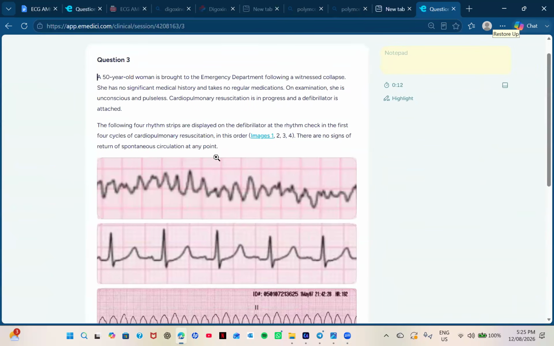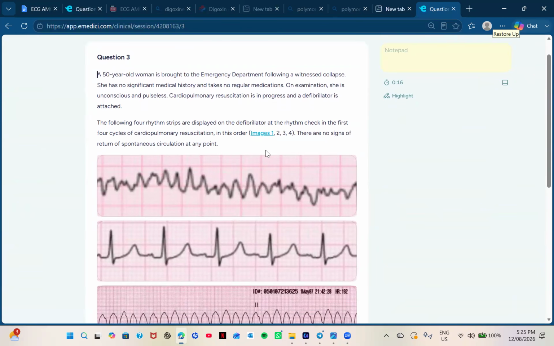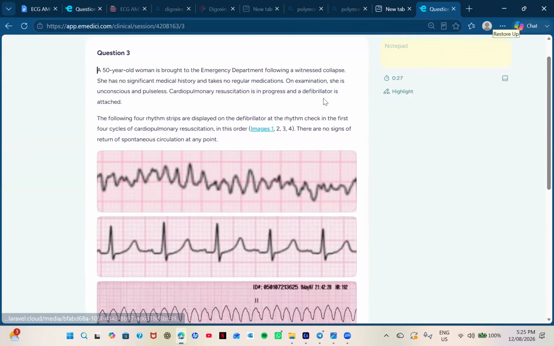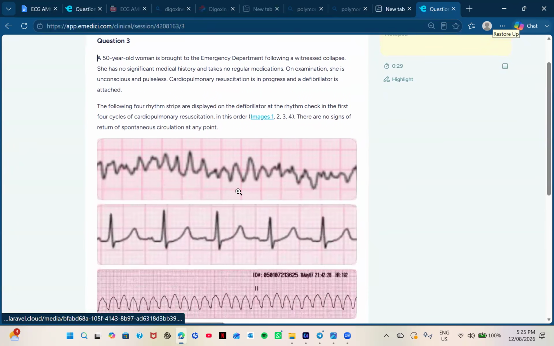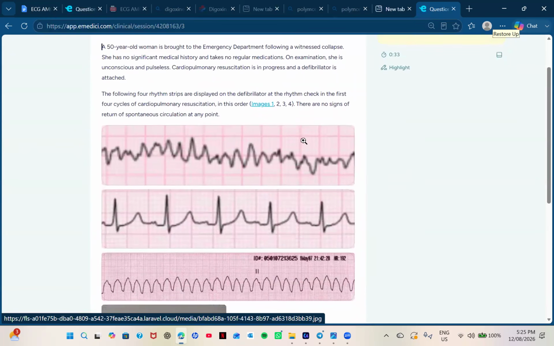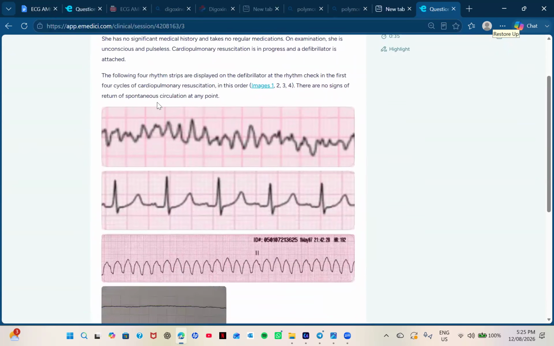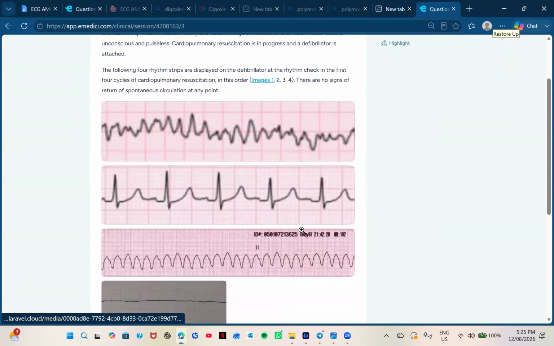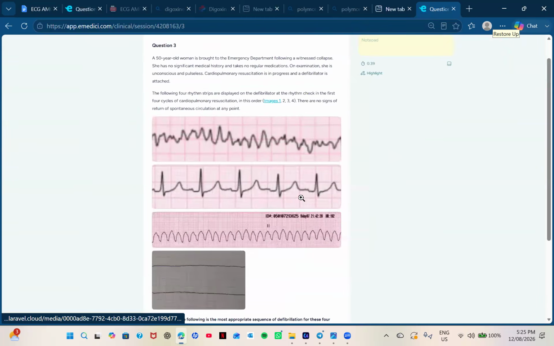Next one: a 50-year-old woman is brought to the emergency department following a witnessed collapse. She has no significant medical history and takes no regular medication. On examination, she is unconscious and pulseless. Cardiopulmonary resuscitation is in progress and a defibrillator is attached. The following four rhythm strips are displayed on the defibrillator at the rhythm check in the first four cycles of CPR. These are images 1, 2, 3, 4.